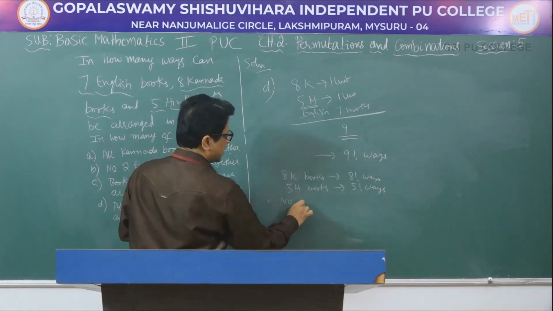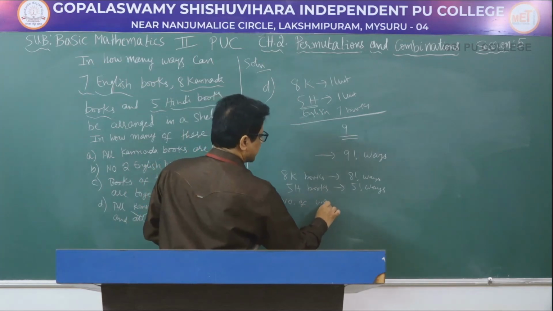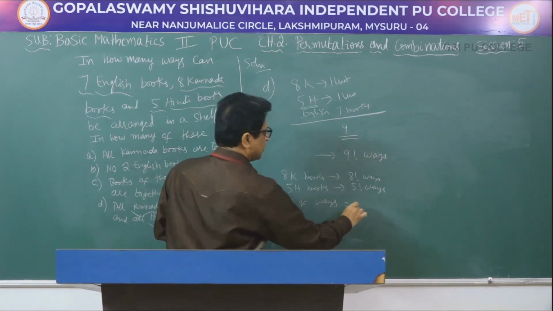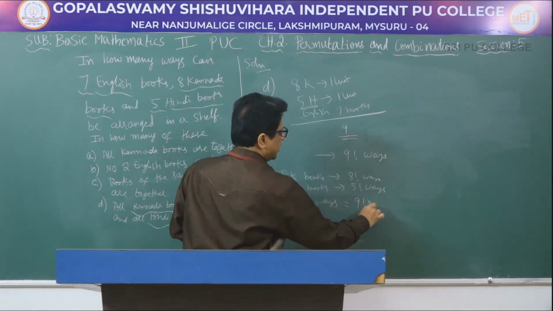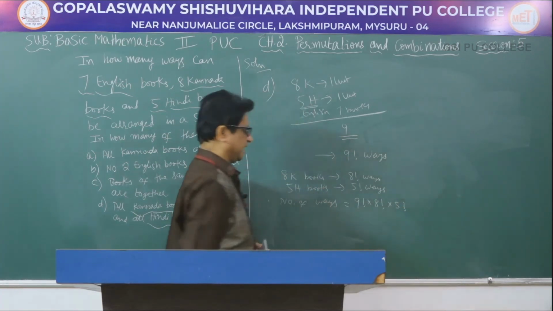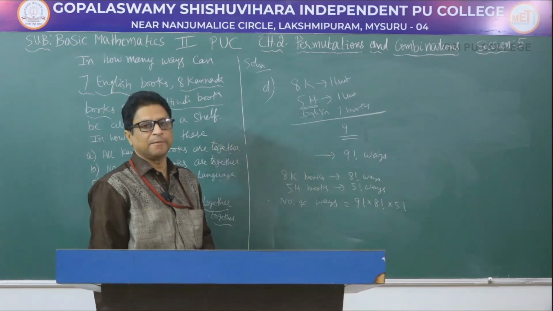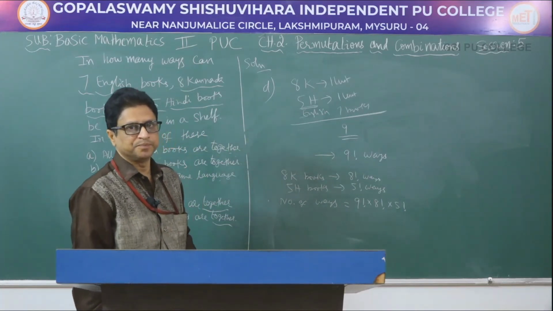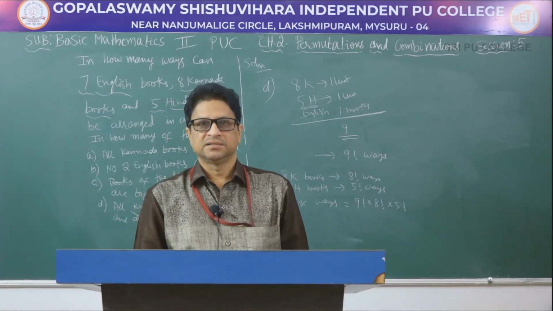Therefore, number of ways will be equal to 9 factorial into 8 factorial into 5 factorial. That completes this problem. Okay, thank you.